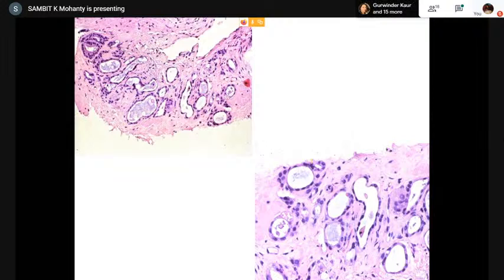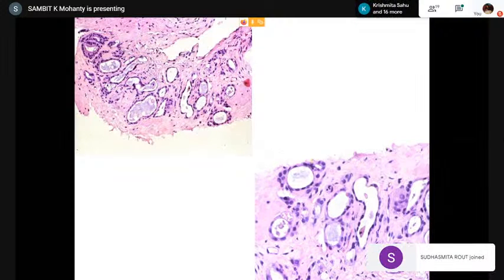Pratishta says atrophic variant. Yes, it's atrophic variant. Why, Pratishta? You have to explain it, please. Why do you think it is atrophic variant, and why not just atrophic glands?